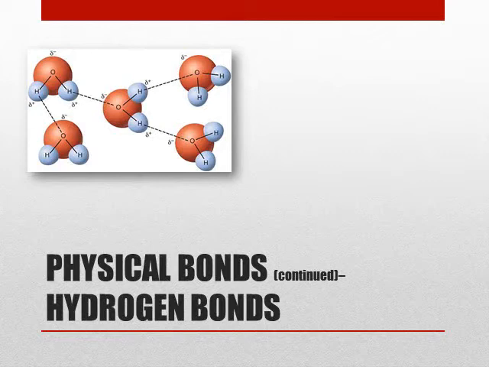And the chemical bonds are drawn in solid lines, and the physical bonds are drawn in dashed lines. So because there is a slightly negative and a slightly positive end of a water molecule, it's attracted to other water molecules that have the same thing, the negative of one being attracted to the positive of the other. And they form quite a significant bond strength.